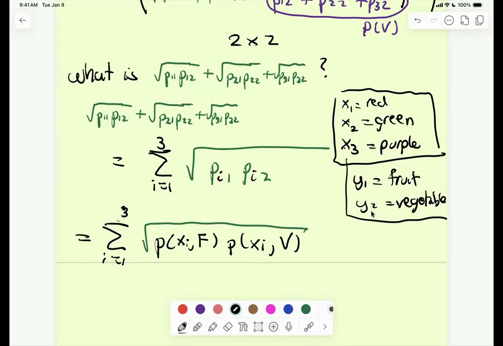These are the individual probabilities of the matrix, right? What you're changing is the color.